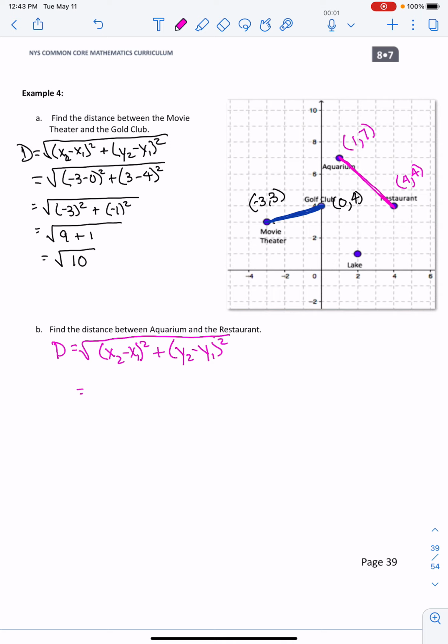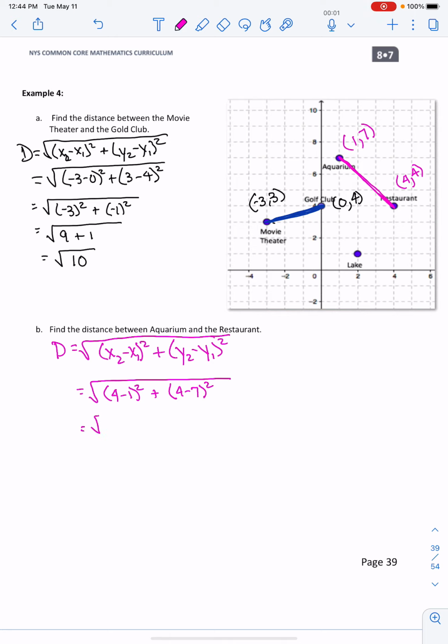Well, actually, it's just saying between. It's not saying from one to the other. So we're going to go from 4 to 1. So here, I'm going to say 4 minus 1 squared plus 4 minus 7 squared.